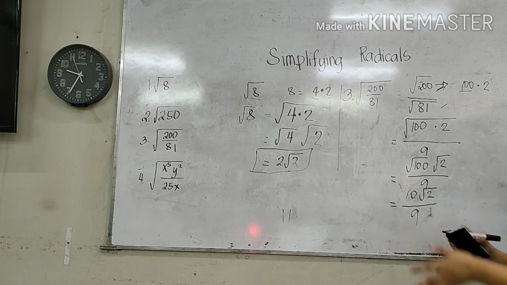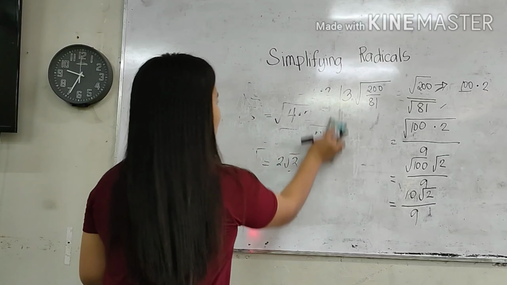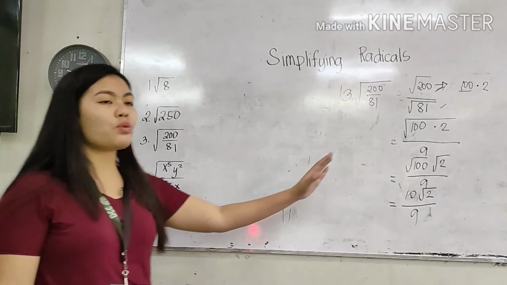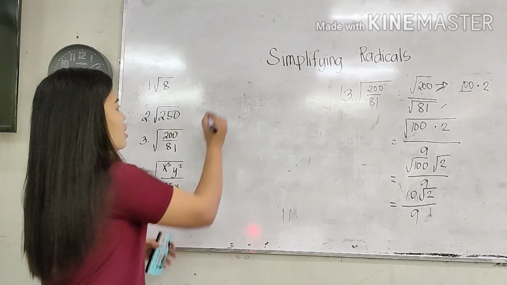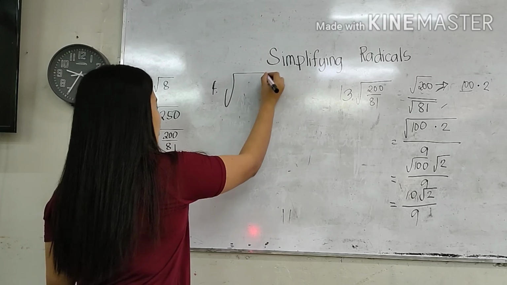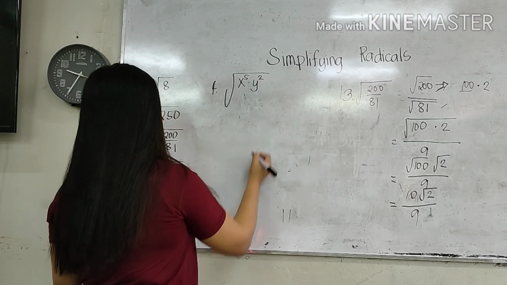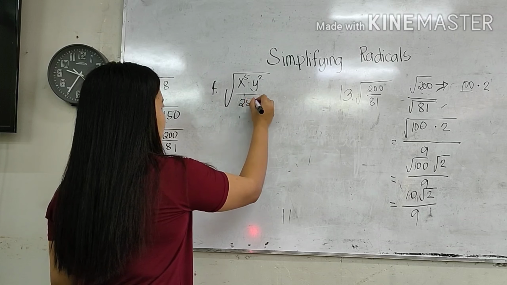So we will try the next example. This one is the same as the previous one because we have a fraction radicand. So first we have number 4, the square root of x raised to 5, y squared over 25x.